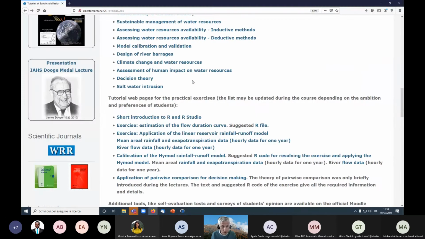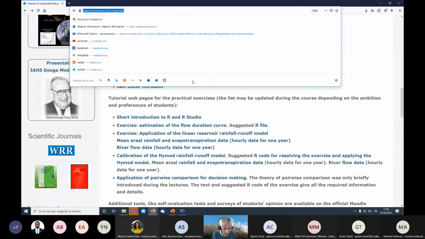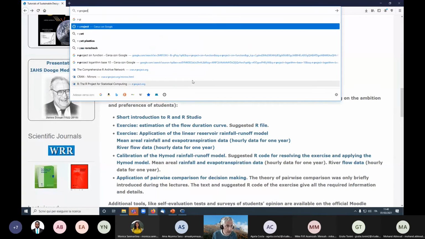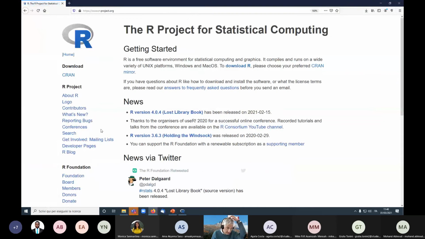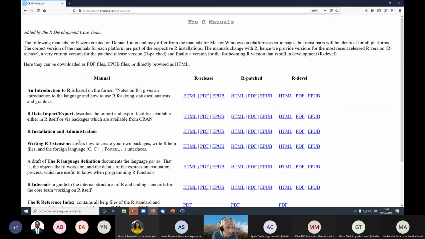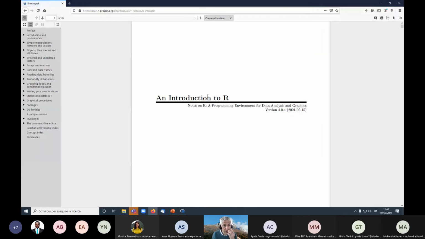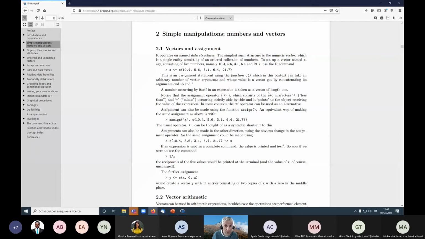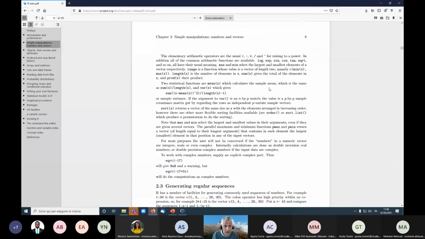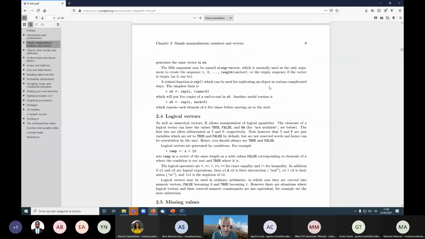If you go back to this document, which I already closed. Let me see, just 1 second. I go back to the document, R project. Here we are, and here there is the documentation, manuals, PDF, okay? And if you could read the introduction and preliminaries and simple manipulations, numbers and vectors, it would be great, okay?